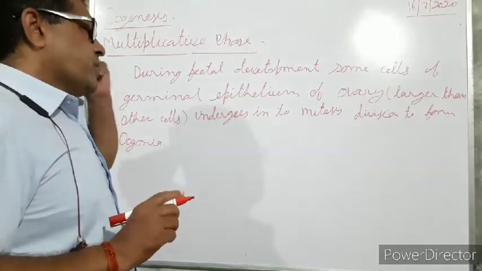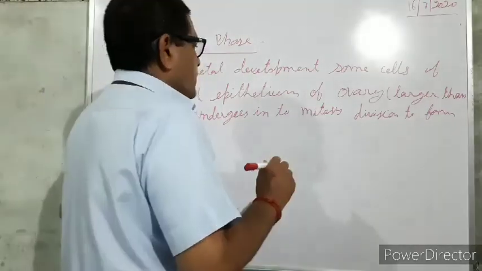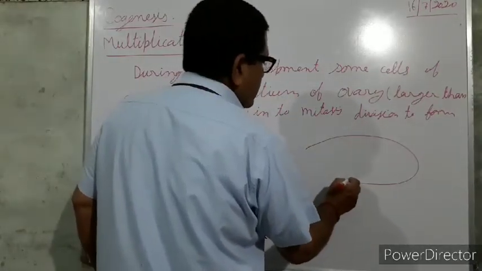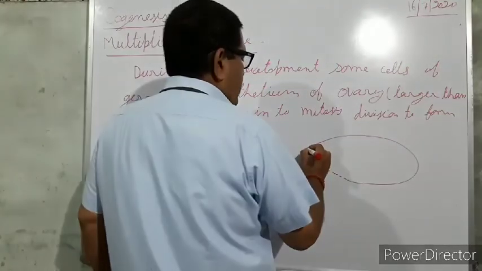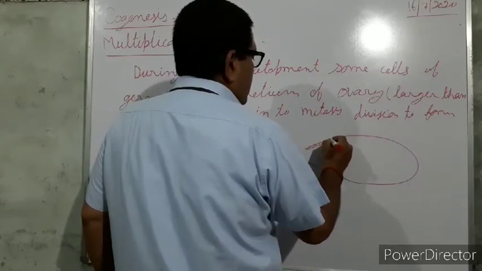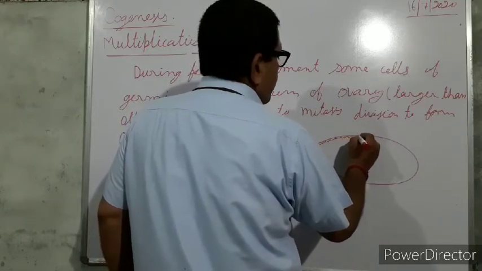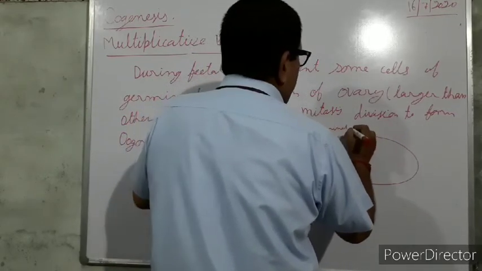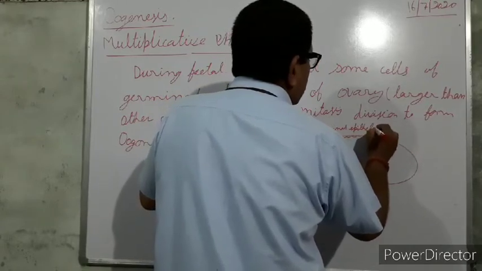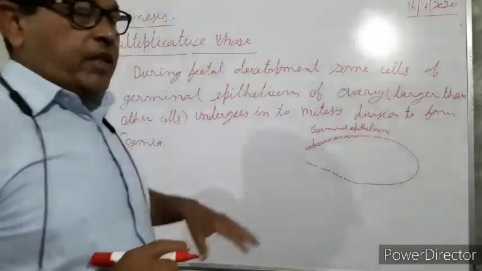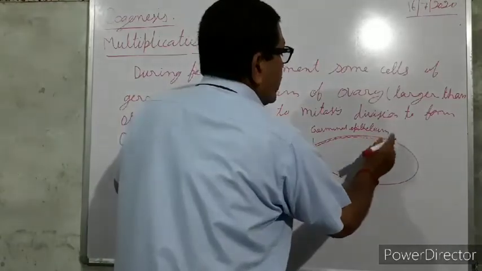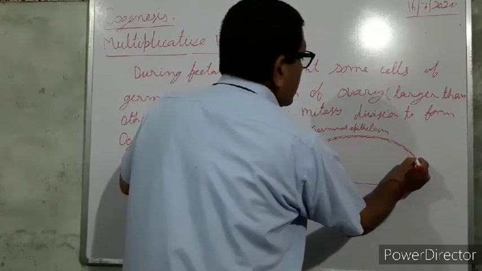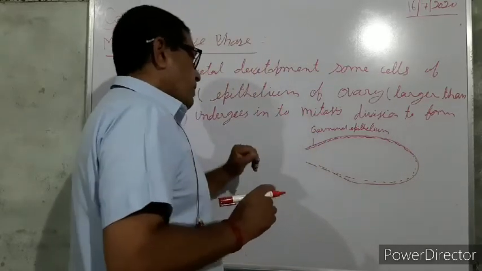If you remember the structure of the ovary, inside the ovary there is a layer. The name of this layer is germinal epithelium.